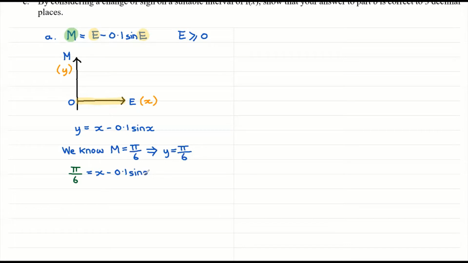Okay, and if we want to use the Newton-Raphson method, just to recap, in the formula booklet, it's written as follows. So it's when you have an equation f of x is equal to 0, then you can set up your Newton-Raphson iterative formula as follows.